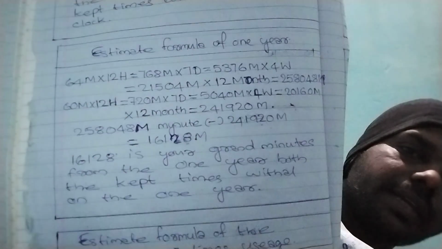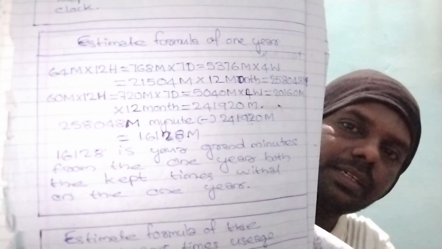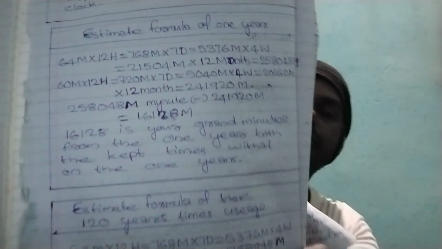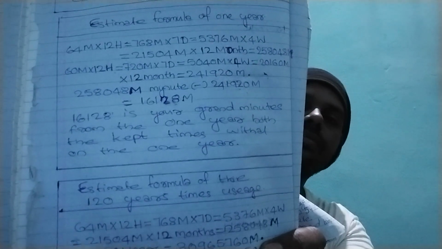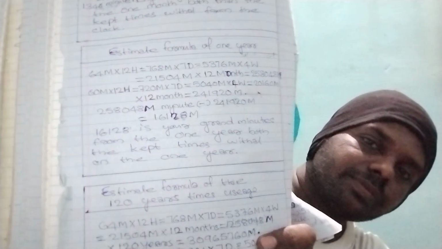So for the 1 year the estimated formula is we get the 1 as well as the 1 year's estimated formula. You can push it and read more as well. Okay, read it. Then the 1 year formula: 16,128 is your grand minutes from the 1 year, both than kept times on the 1 year.